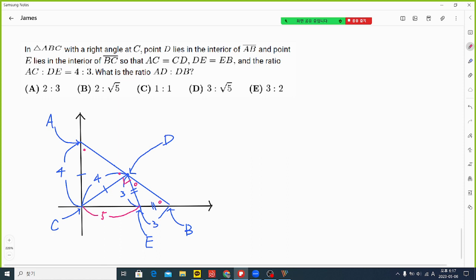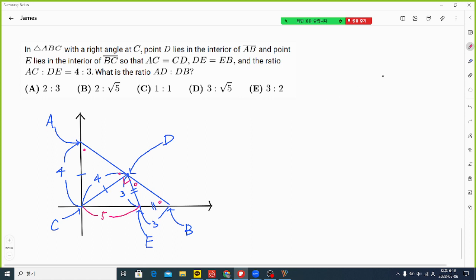So we can find the equation for the line segment of AB because the y-intercept is 4 and the x-intercept is 8 because 5 plus 3 is 8.